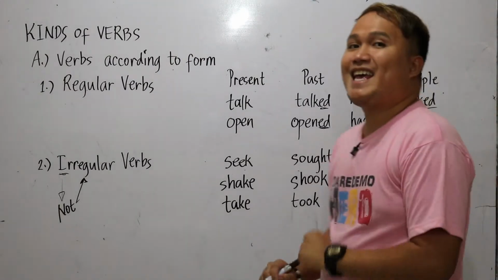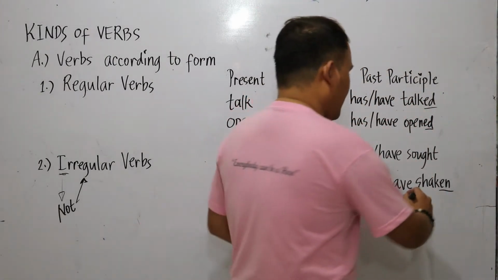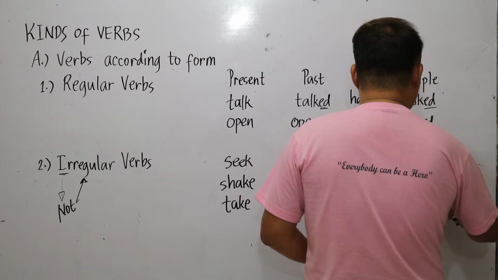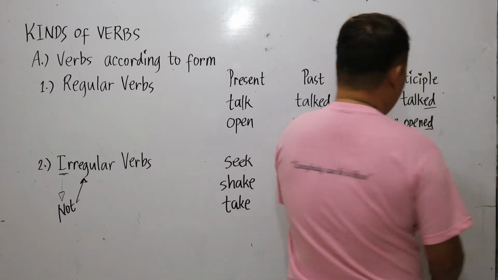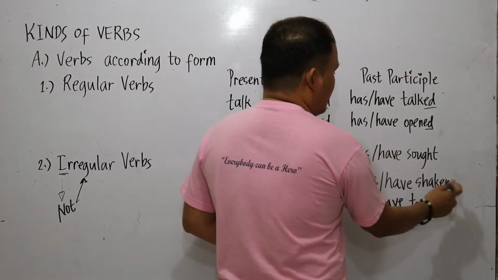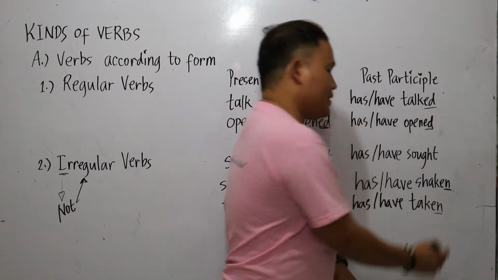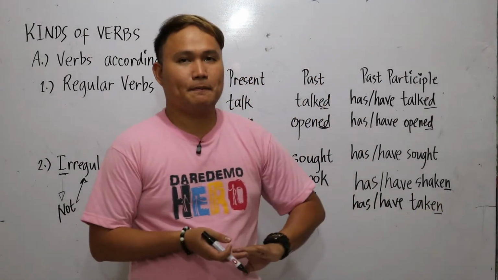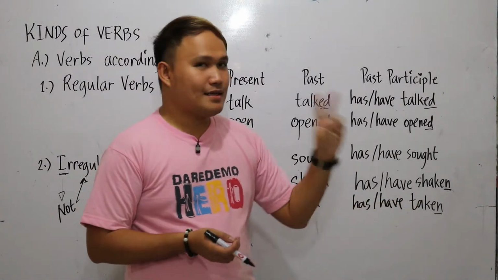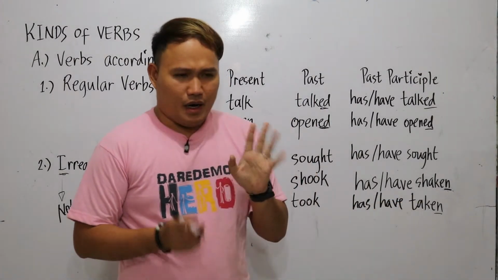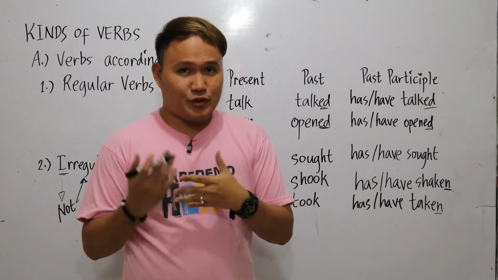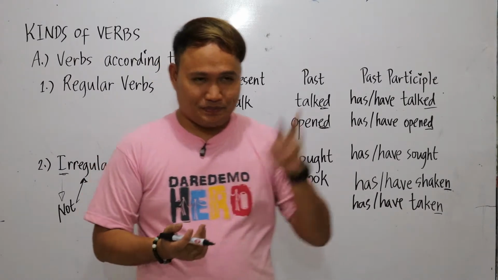Anyone? Taken. Okay. So, there is en, or n rather. For shake, there's en in the end. Okay? So that's the second way of transforming irregular verbs.